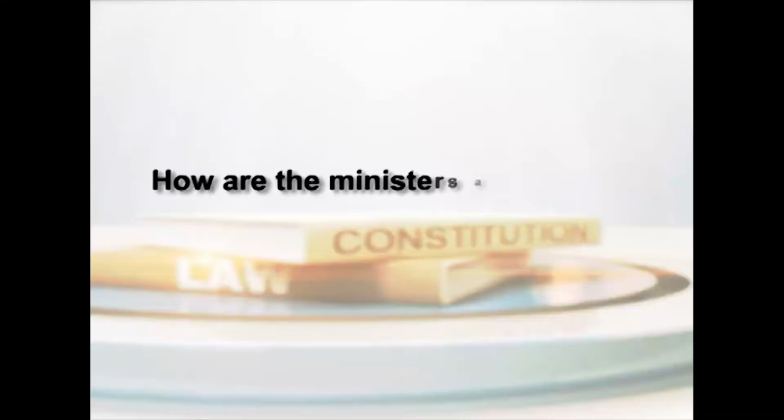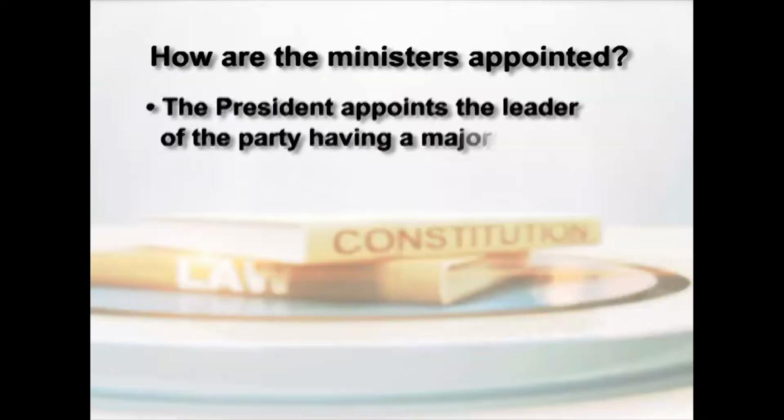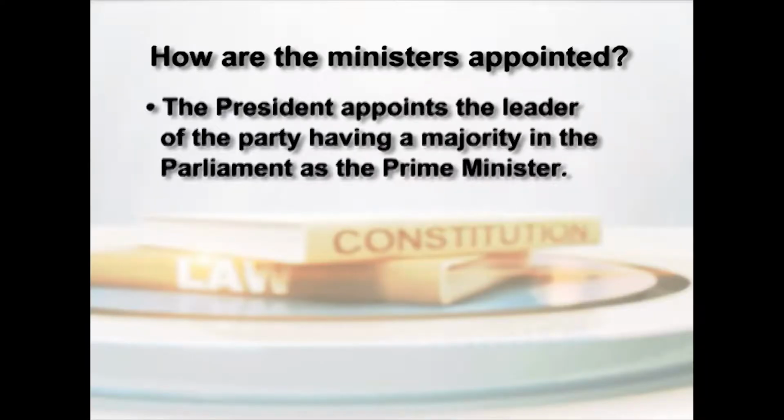Now let us see how a minister is appointed. According to Article 74 of the Indian Constitution, there shall be a Council of Ministers with the Prime Minister at its head to aid and advise the President. The President appoints the leader of the party having a majority in the Parliament as the Prime Minister.